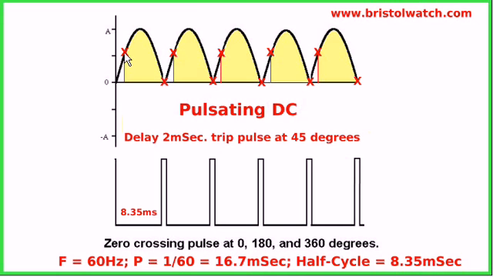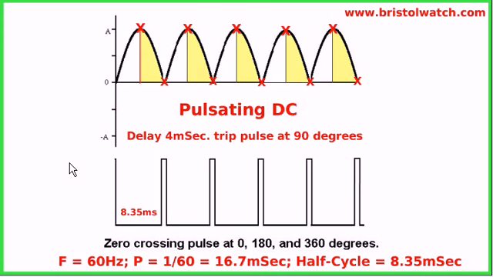The light is going to be pretty bright. Alright, the next time I get it, I adjust the pot for a 4 millisecond delay, and here is my 0 crossing pulse on the interrupt. It goes to the interrupt service routine, delays 4 milliseconds, and puts out a triac trip pulse, and it's turned on until it goes to 0.